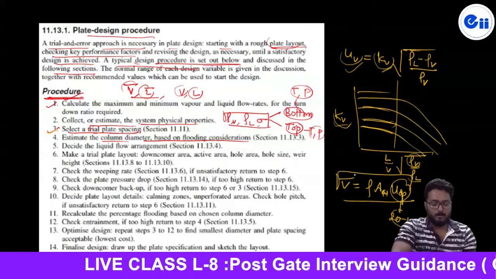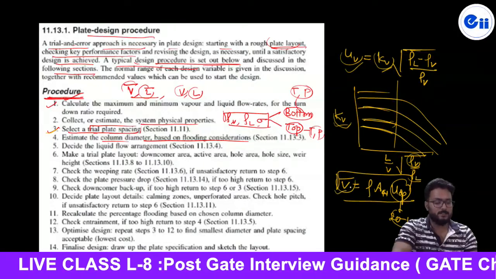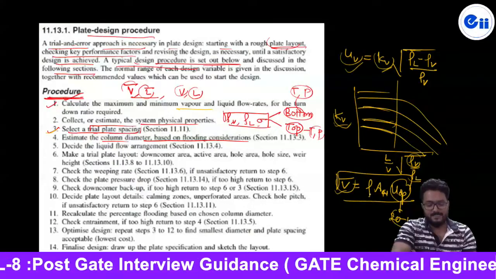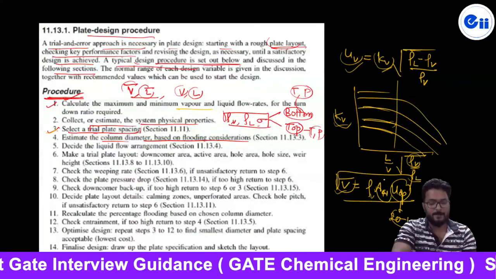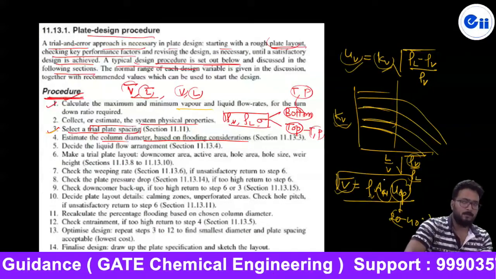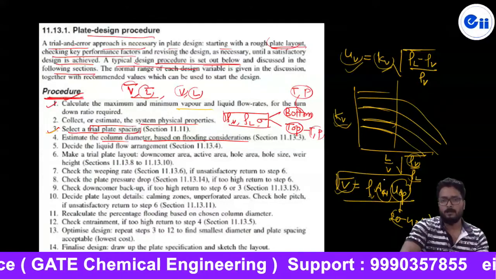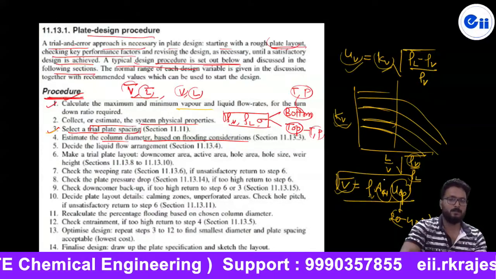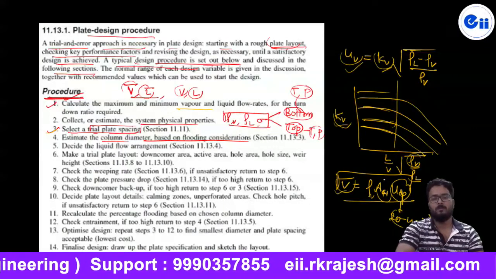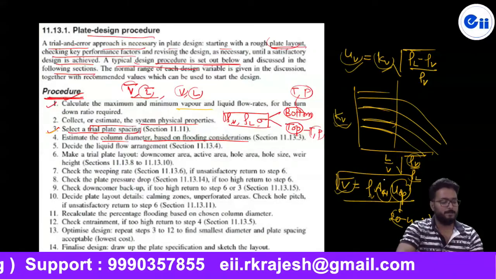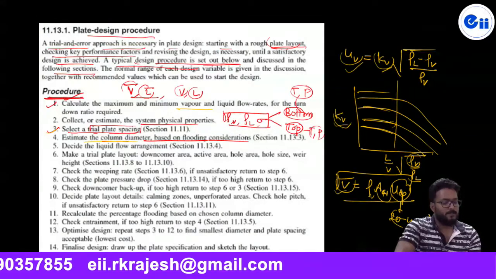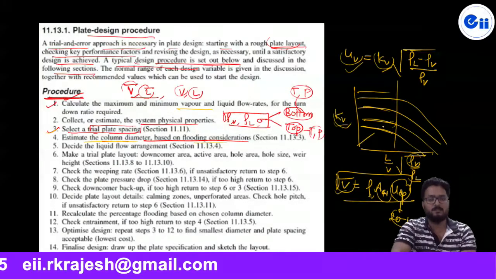V bar I have already calculated in the first step, and the vapor density is already known to you. Then we can calculate AN, the net area. Once the net area is there, we can calculate the column diameter by assuming that the downcomer area is somewhat 10% or 20% of the whole column area. So this is how we will calculate the column diameter, based on the flooding consideration.